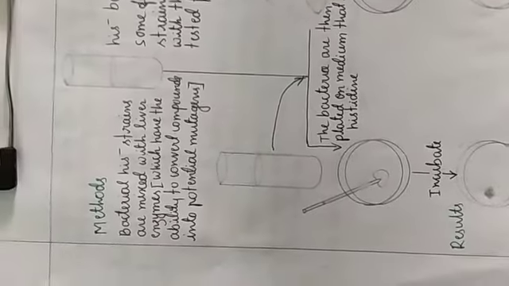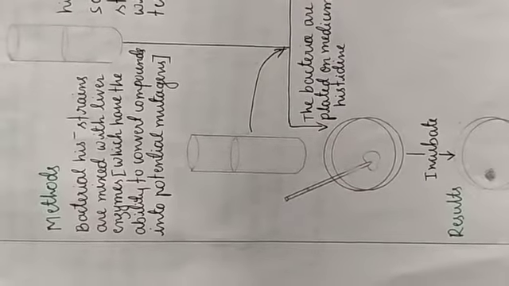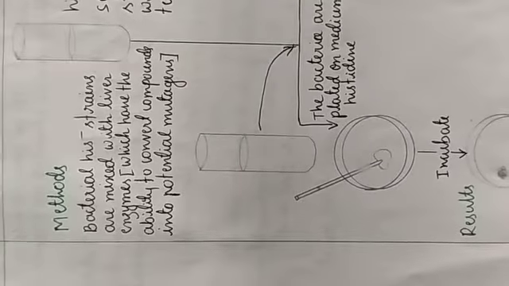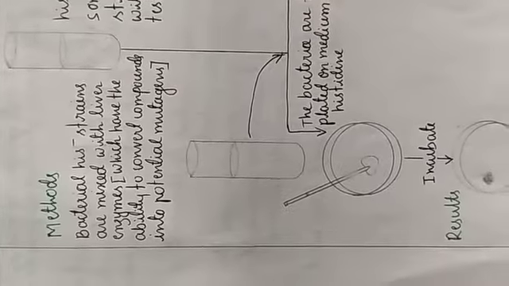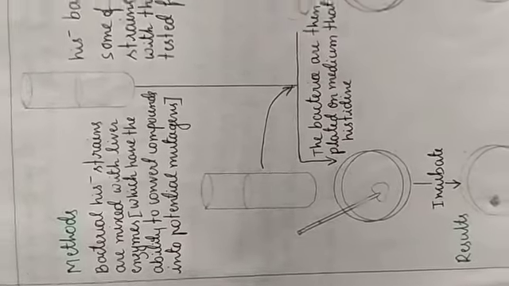When they enter the human body and come in contact with the liver enzymes, they become carcinogens. That's why they add these bacterial strains mixed with the liver enzymes, which have the ability to convert compounds into potential mutagens.